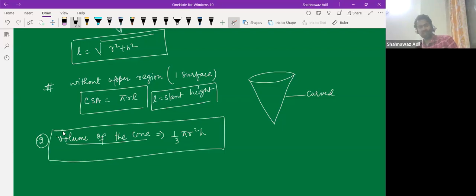Okay, so these are all basic concepts that we will need in surface areas and volumes, right? So if we have this frustum also, let me check if you guys have this frustum.